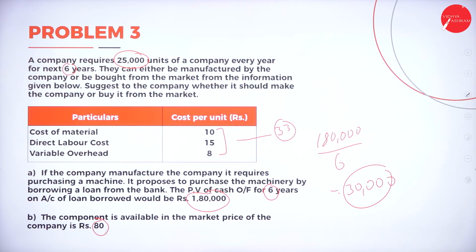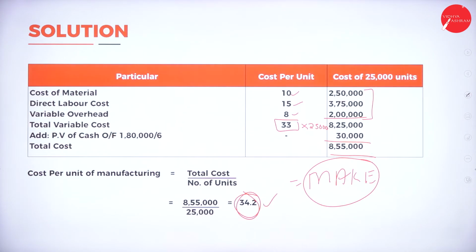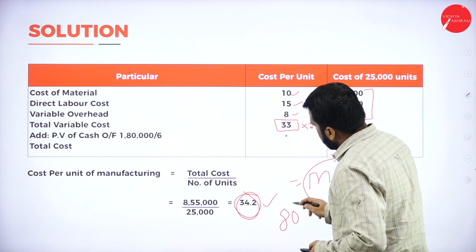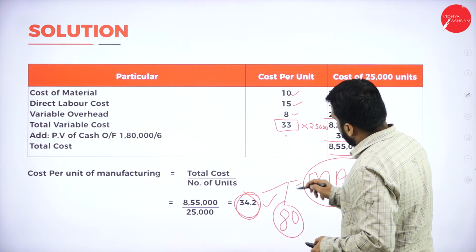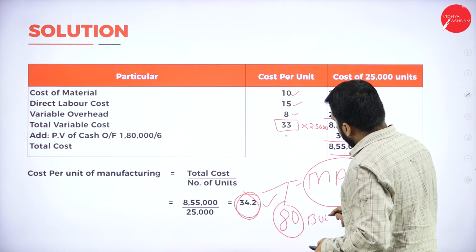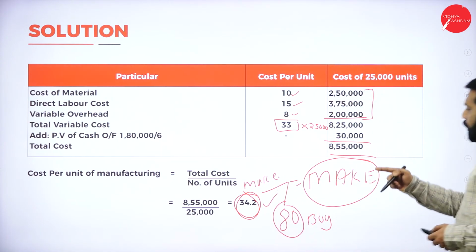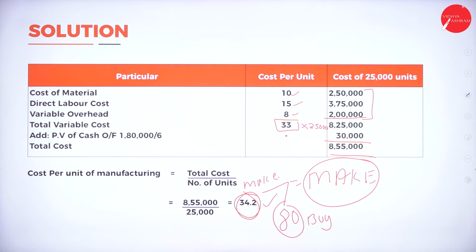Question number 3. Solution part. I have given the conclusion here itself, compared to 80. So this is buy, this is make. So out of this, which is better? Make is better. So we'll go for make.